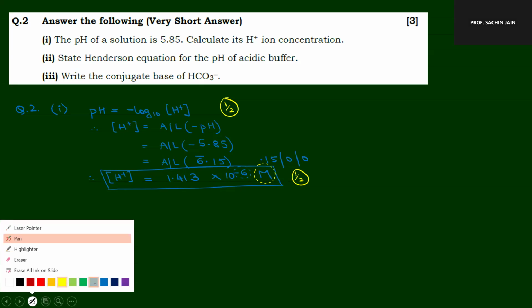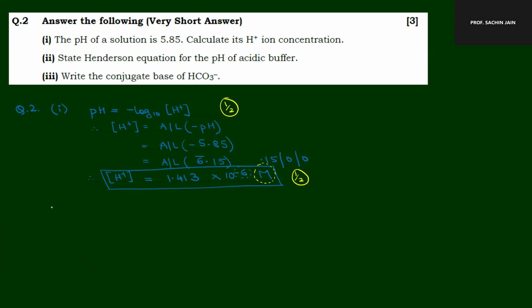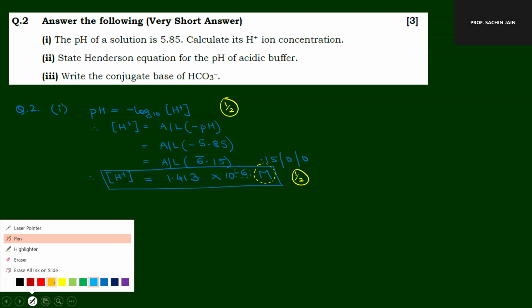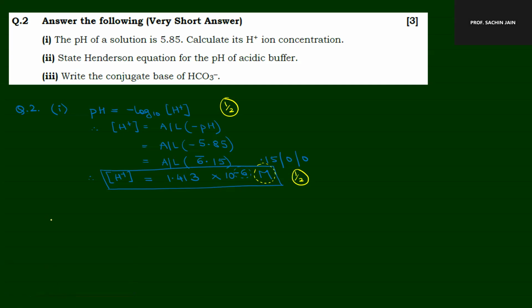Then moving to the second question. State Henderson equation for pH of acidic buffer. For acidic buffer, what is the equation? pH is equal to pKa plus log to the base 10 of conjugate base upon acid. Super. The Henderson or Henderson-Hasselbalch equation, as it is called, you just have to write a statement.